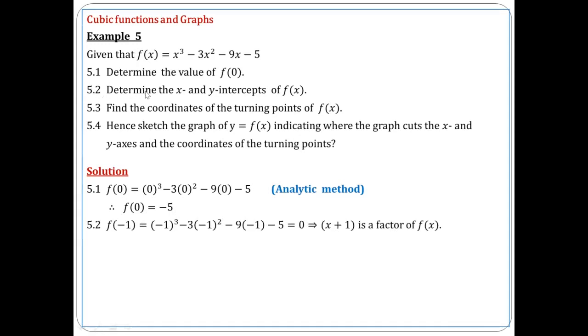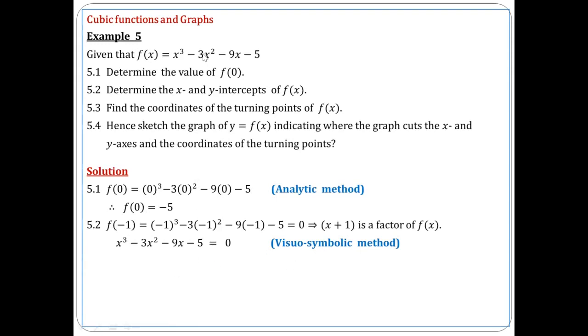5.2, determine the x and y intercept of f of x. So f of minus 1, when you substitute into the equation and simplify with our calculator, we'll get f of minus 1 is equal to 0, which implies that x plus 1 is a factor of f of x. So we are going to look at that function to get the x-intercept.